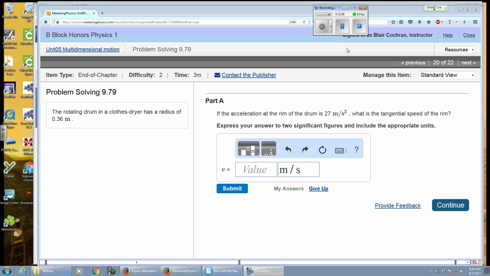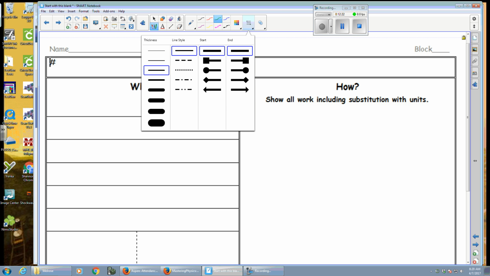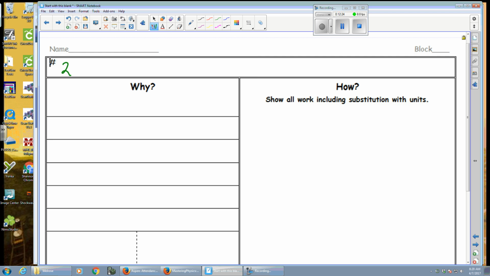Of this radius and acceleration at the rim, what's the tangential speed? Oh, it has to accelerate because it's moving in a circle. So that's kind of where I would start here. Number 20 must accelerate since it's moving in a circle.